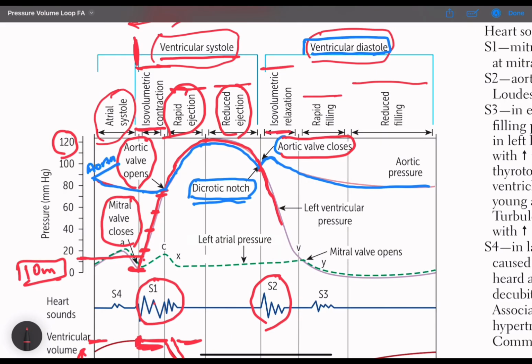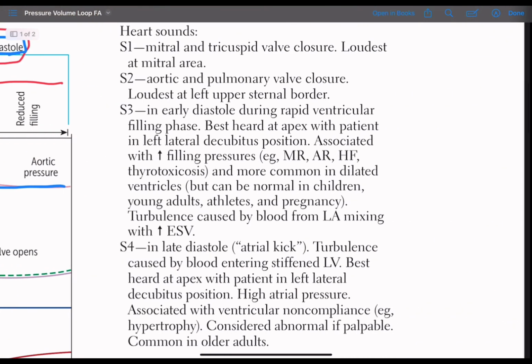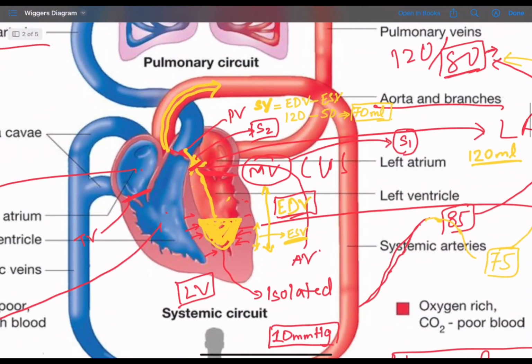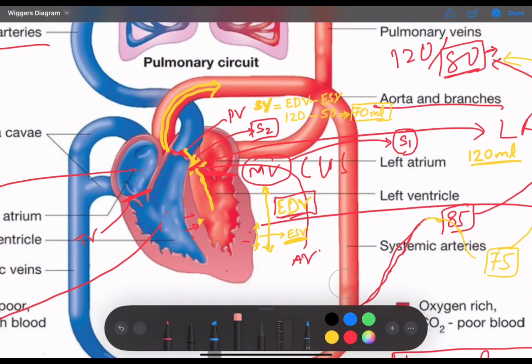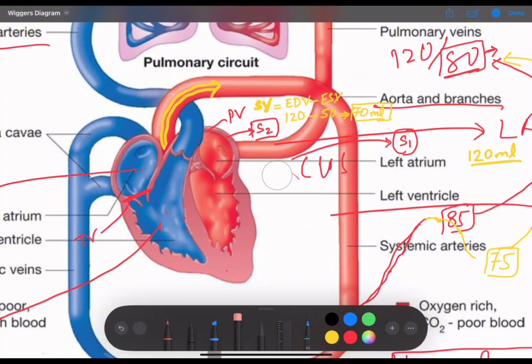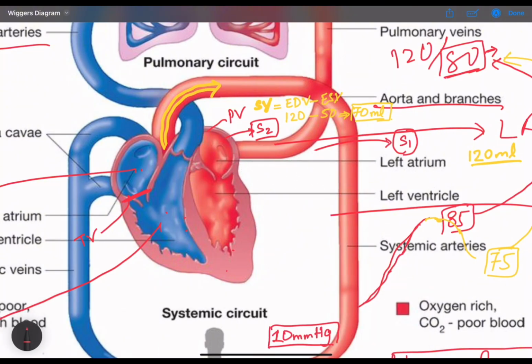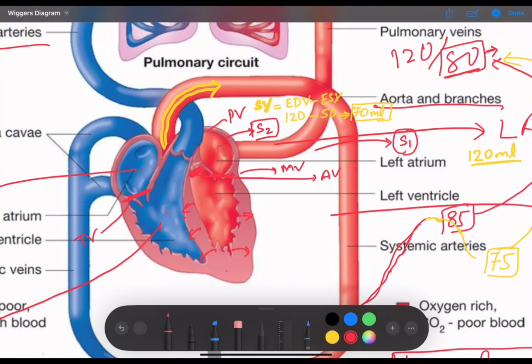This particular phase is known as isovolumetric relaxation. Like isovolumetric contraction, we have isovolumetric relaxation. The ventricle is relaxing while both the mitral valve and the aortic valve are closed, and the heart is relaxing.